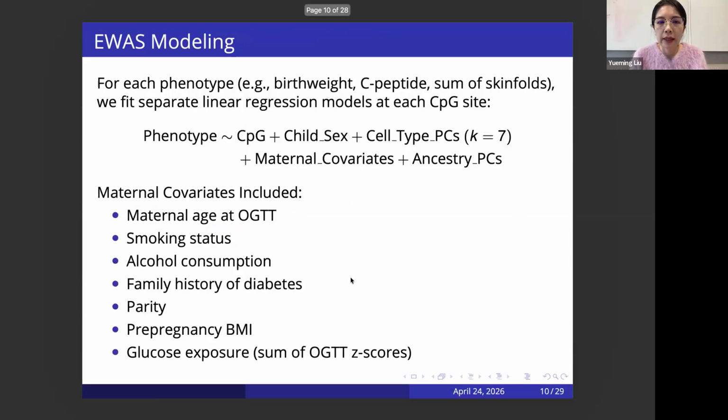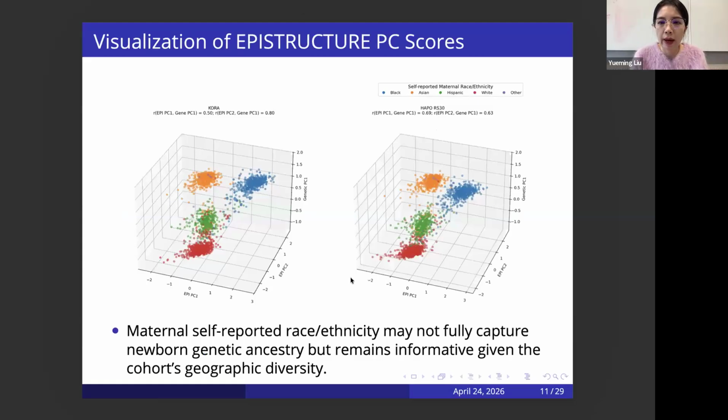Here is the 3D visualization of epi-structure PC scores, for validation purposes. On the z-axis is the PC score for the top genetic PC, and on the x and y axes are the top 2 epi-structure PCs.